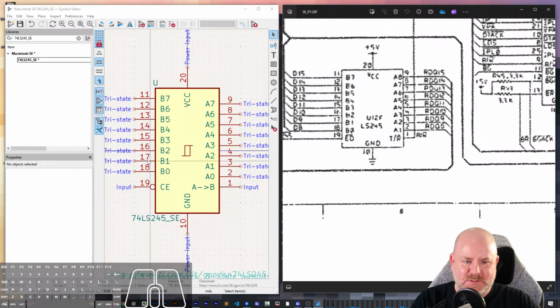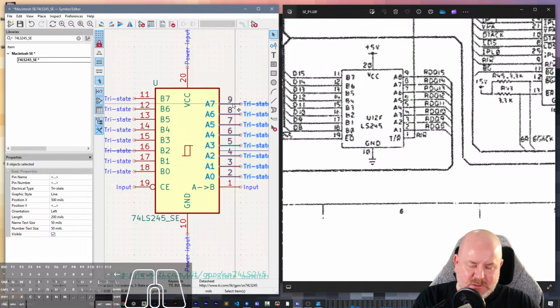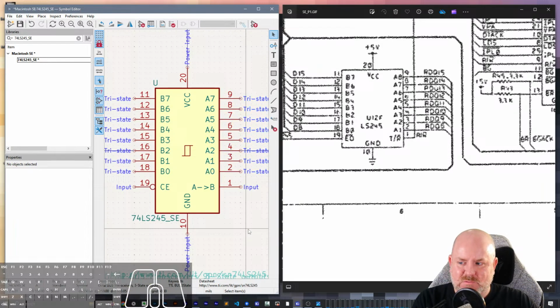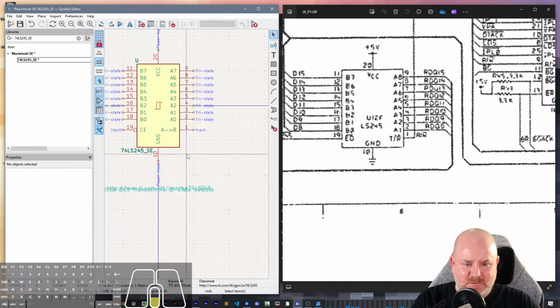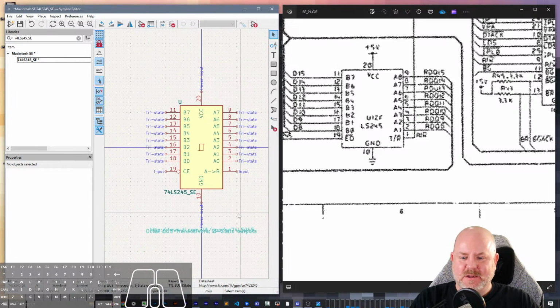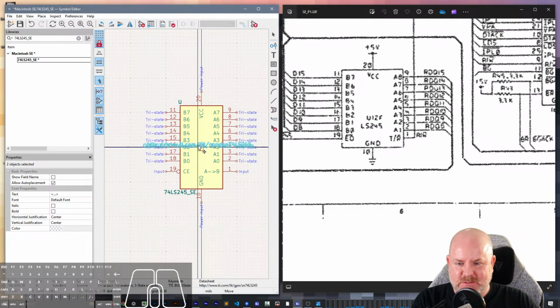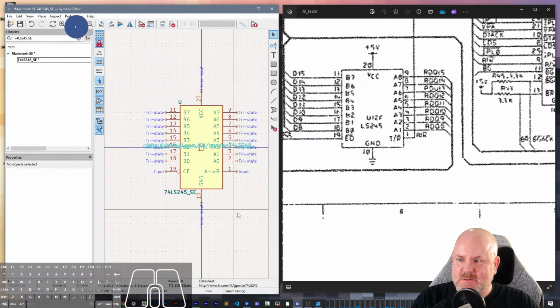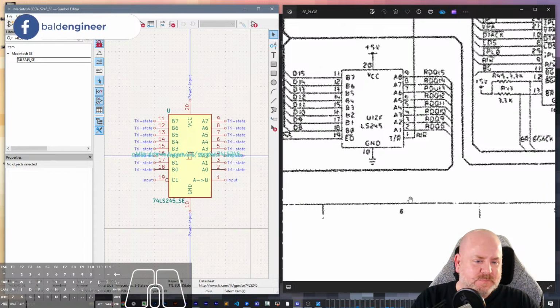It's not 17 to pin 2. That is really weird. I don't know why would you do it that way? I'm not doing that. I can do a lot of dumb things, but I can't do something that's that dumb.